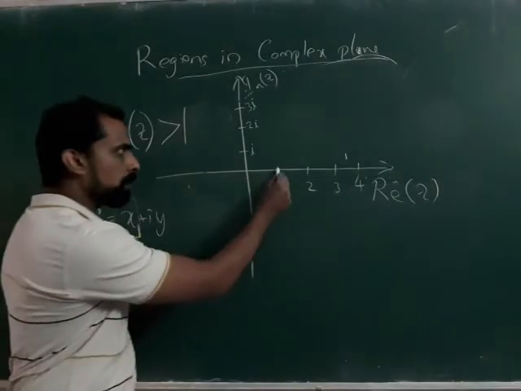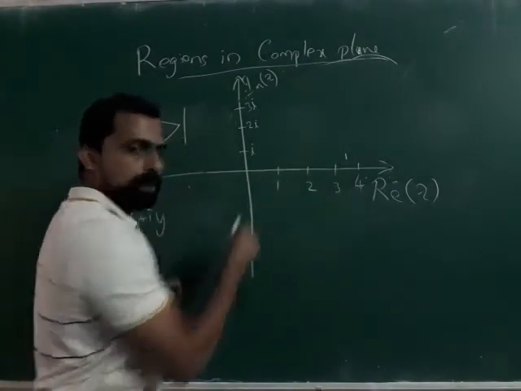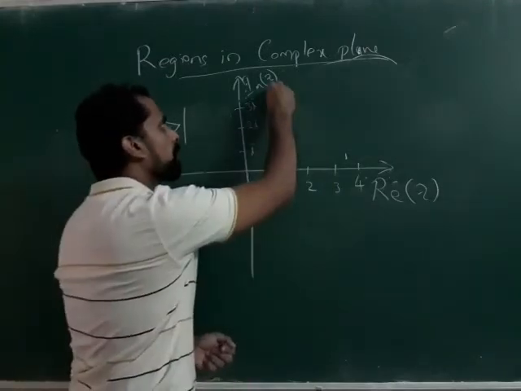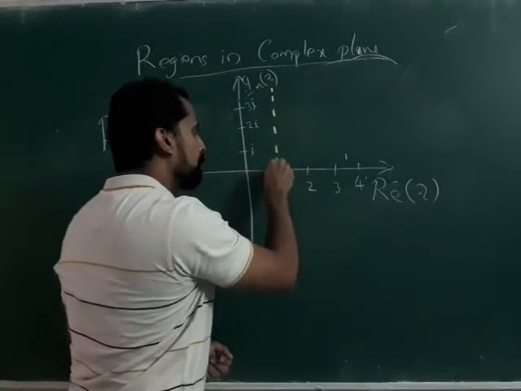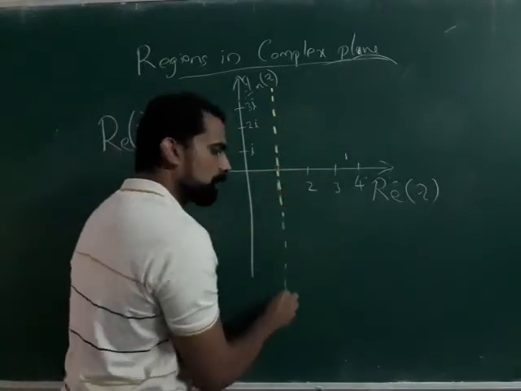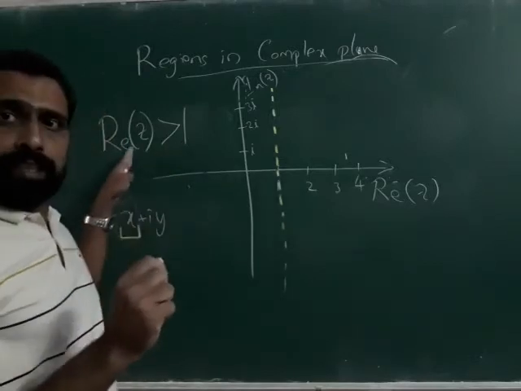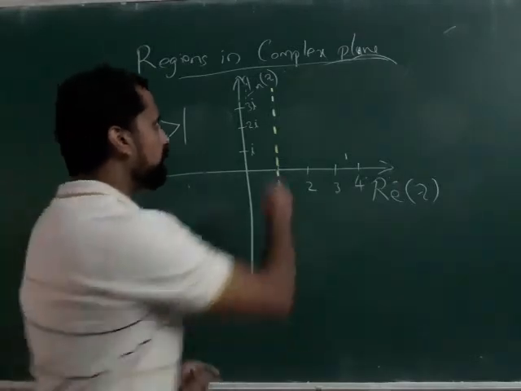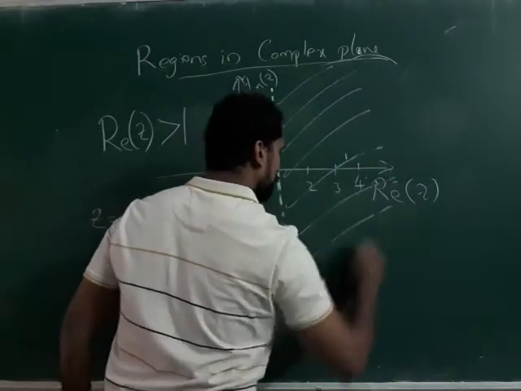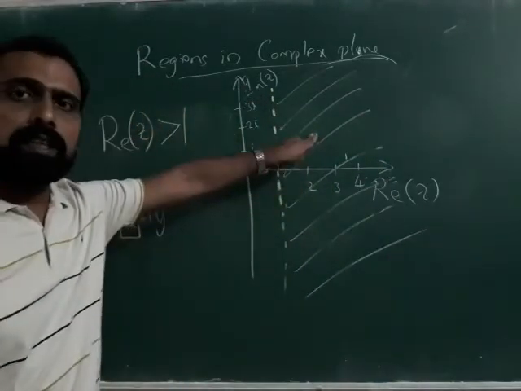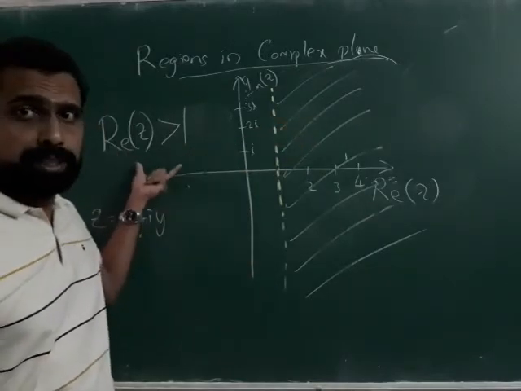So we have to look at all the regions where x is greater than 1. So this will come like this. You can make a line that is passing through your 1, but not exactly touching 1 because this is greater than 1. So we will take this region. So this is the region in this complex plane for this particular condition.